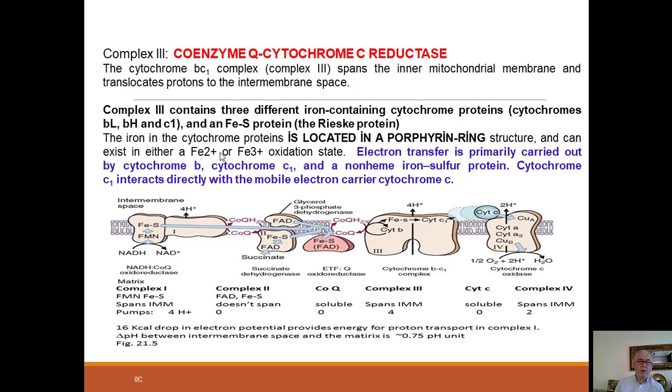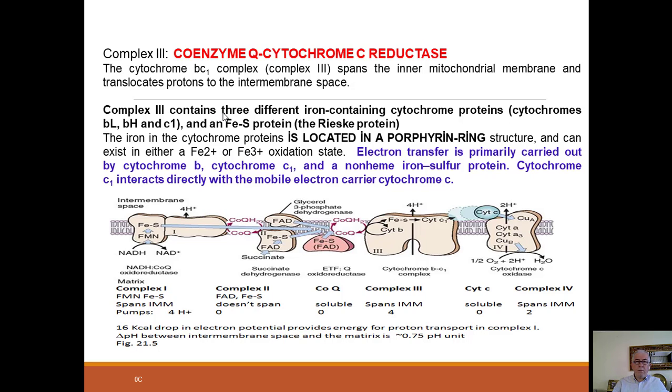The iron in the cytochrome proteins is located in a heme ring structure, and electron transfer is primarily carried out by cytochrome b, then to cytochrome c1 and the iron-sulfur center, and cytochrome c1 interacts directly with the mobile electron carrier cytochrome c, another type of cytochrome.